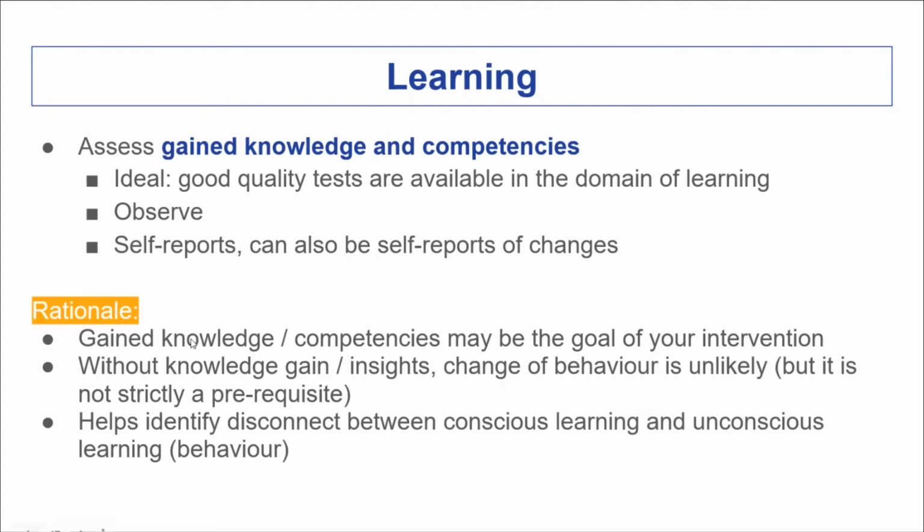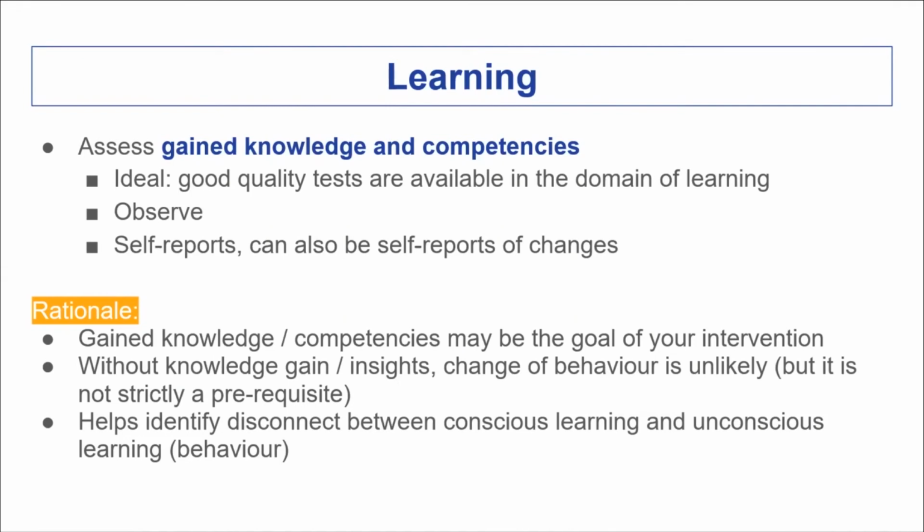The rationale is, of course, that gained knowledge and competences very often are the goals of an intervention. When your goal is behavior change or the competence to actually do something, then it's important to figure out what knowledge and competences people learned, because in many domains a change of behavior is unlikely if you haven't changed any insights.